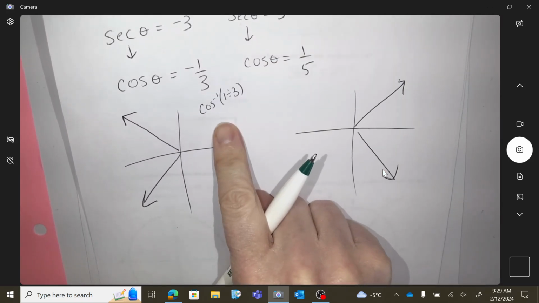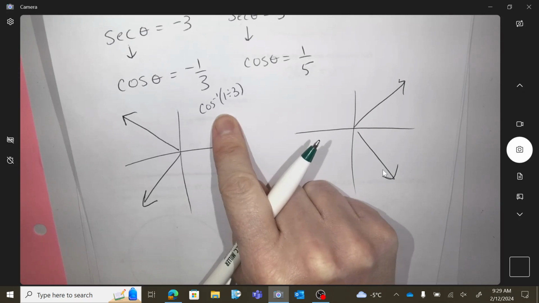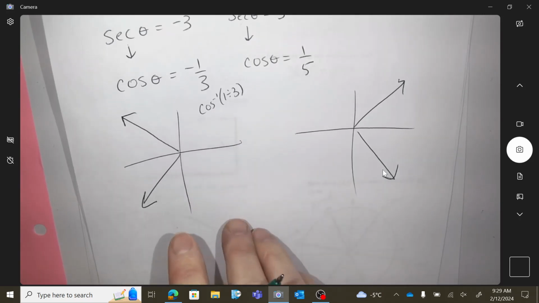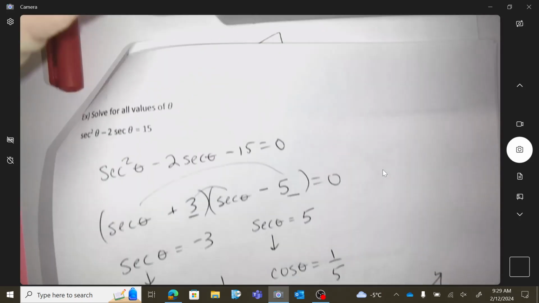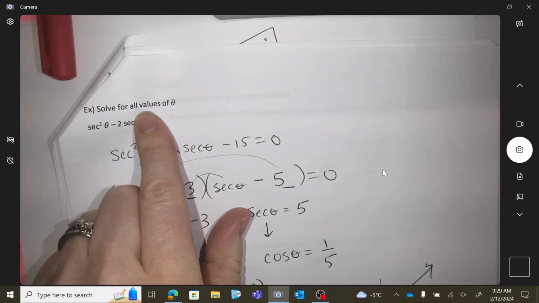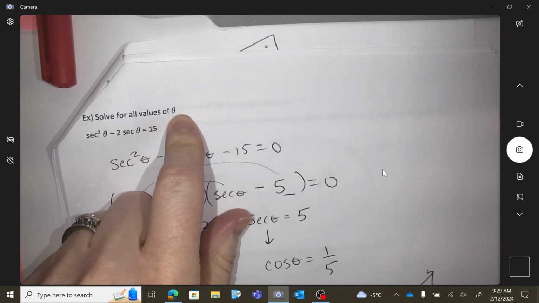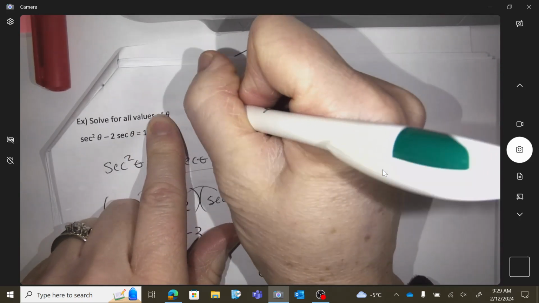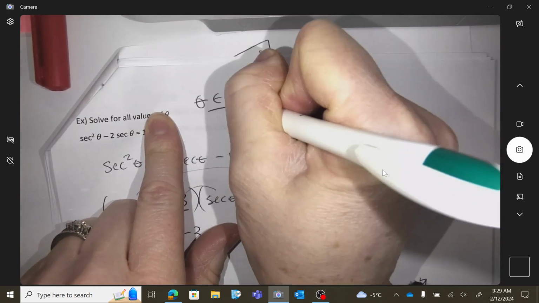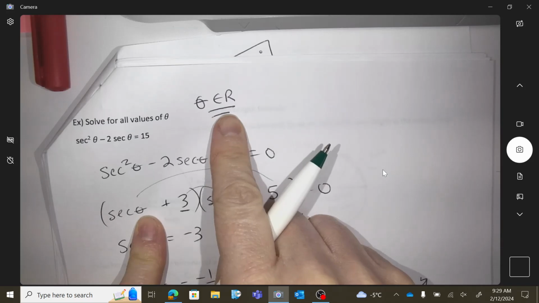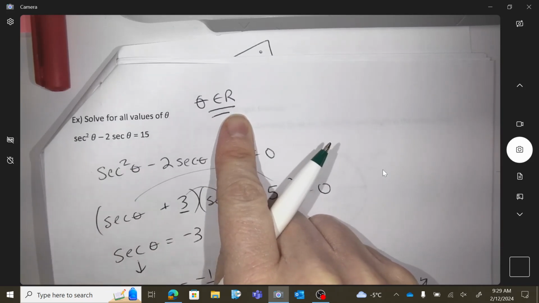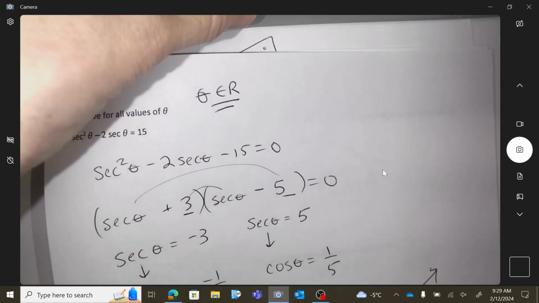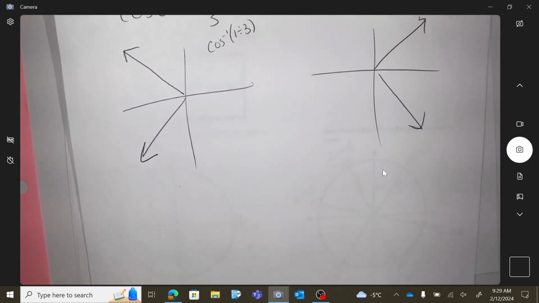Okay, so now I'm going to grab my calculator and I'm going to be doing this cos inverse to get the reference. And this time it says for all angles. So this is a little bit different. You might see all angles, or you might see angle can be any real answer. You're going to answer in radians. So I need you to be in the radian mode when you're doing this.